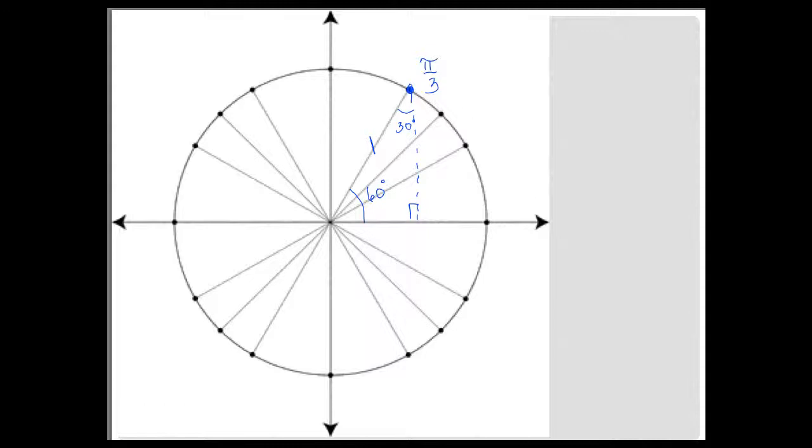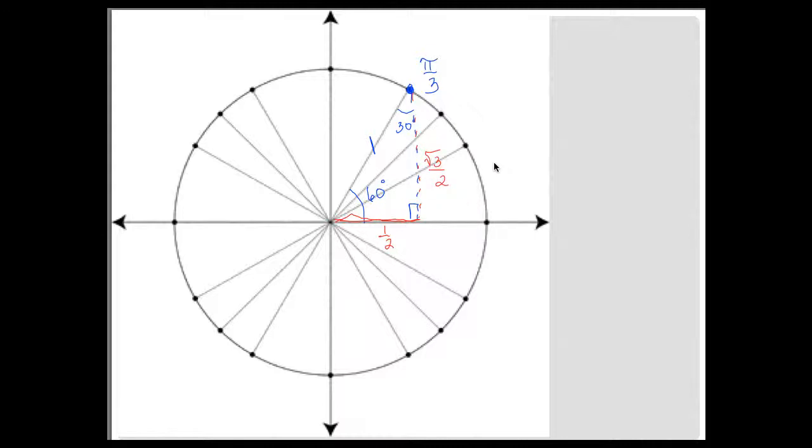So again, if we apply those rules for a 30, 60, 90 triangle, now remember this time this is the short side sitting along the x-axis. It's half the length of the hypotenuse, so this would be a half. This height here is the short side times square root of 3, so 1/2 times square root of 3, square root of 3 over 2.